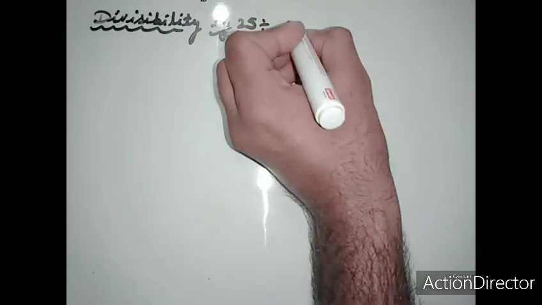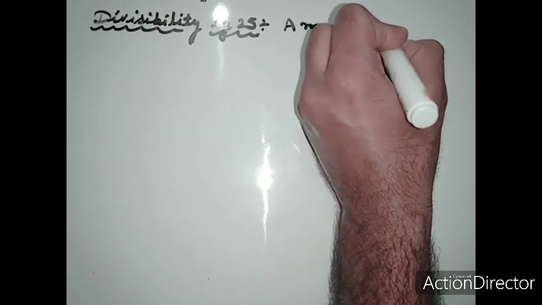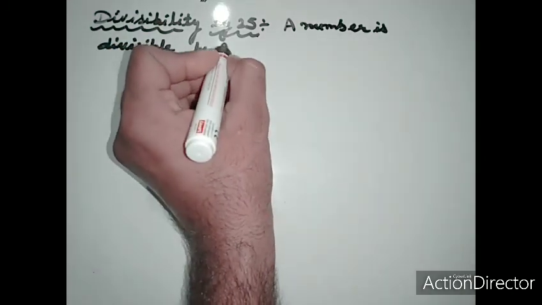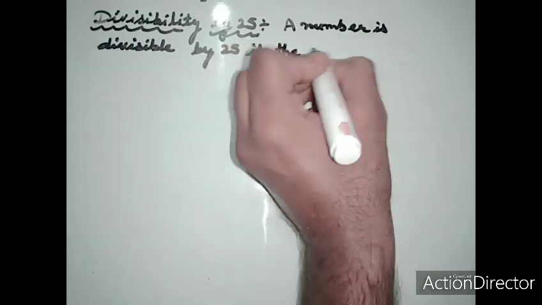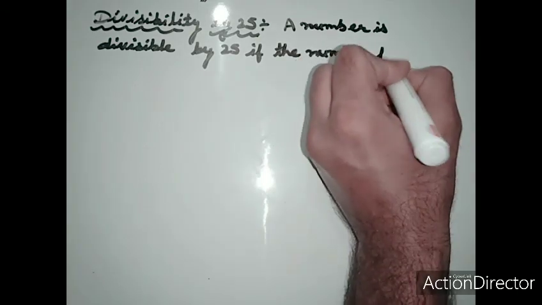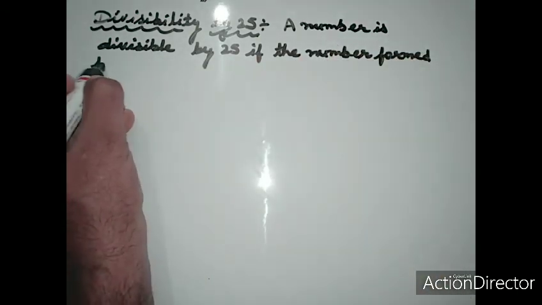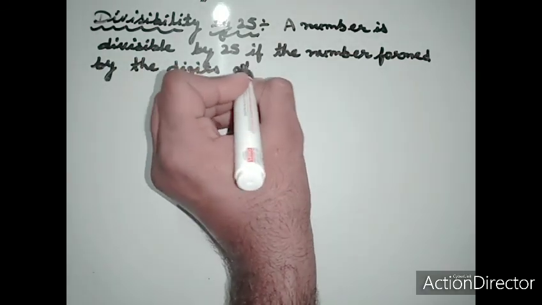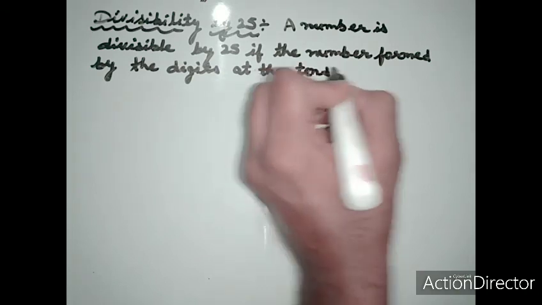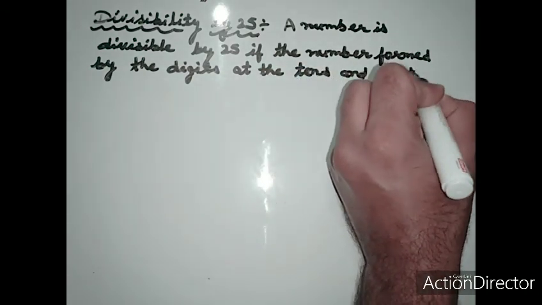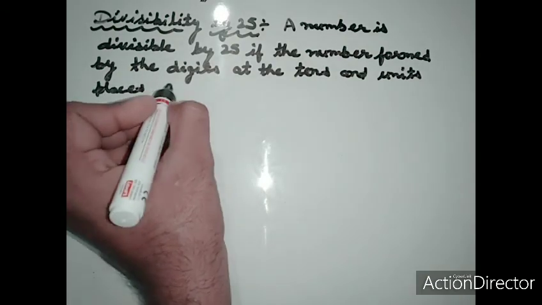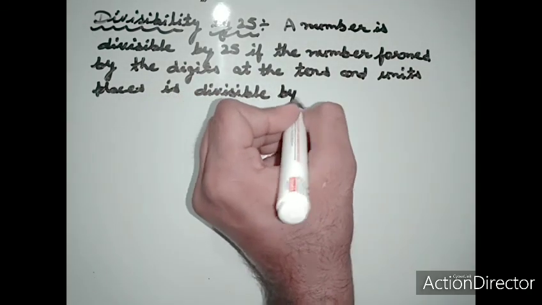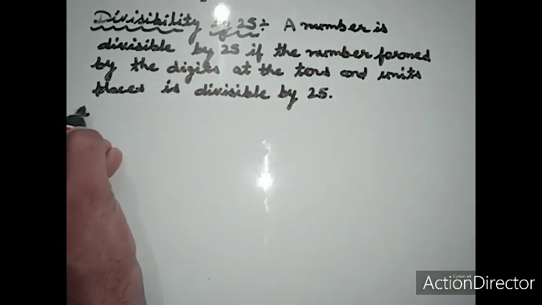So here we write the rule: a number is divisible by 25 if the number formed by the digits at the tens and units places is divisible by 25, right?